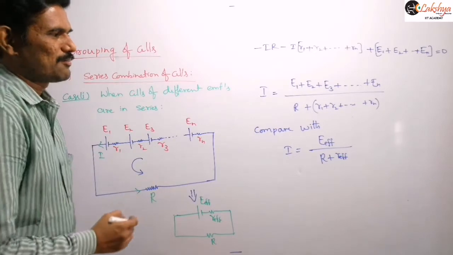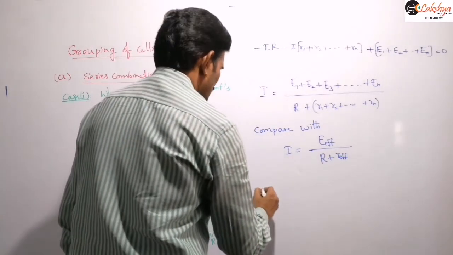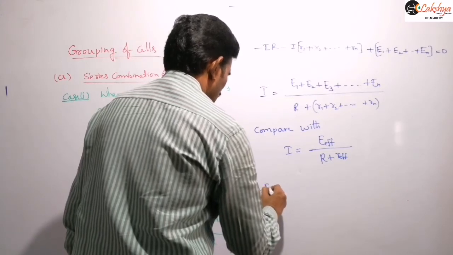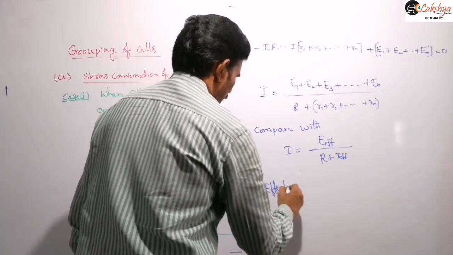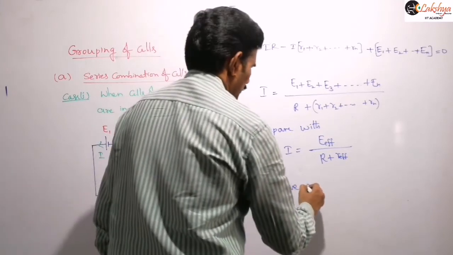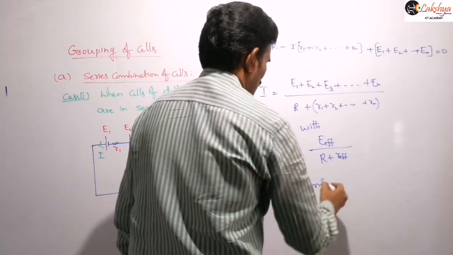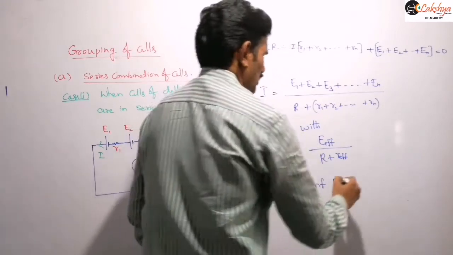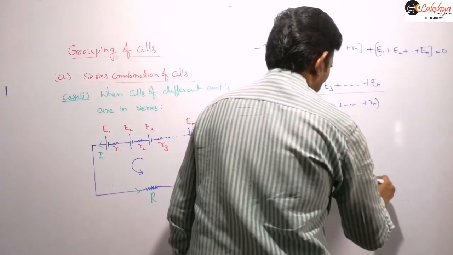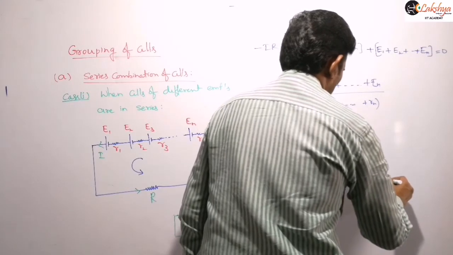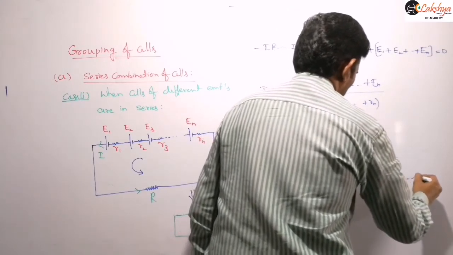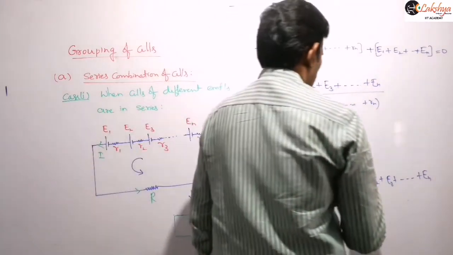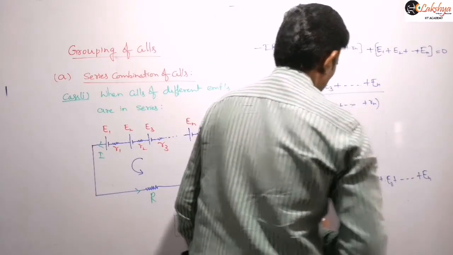And therefore, by comparing with that, we can write effective EMF, that is E effective, is equal to E1 plus E2 plus E3 and so on plus En. So this is our effective EMF here.